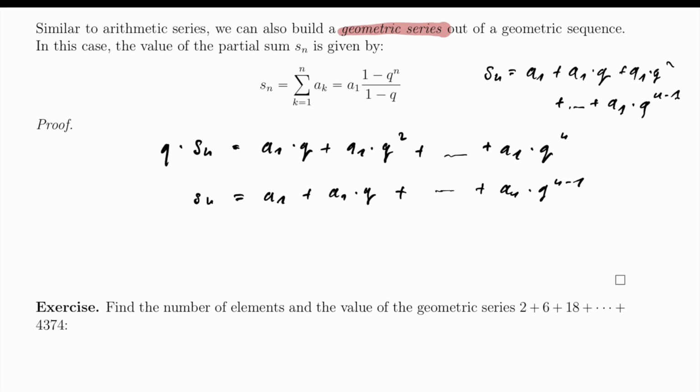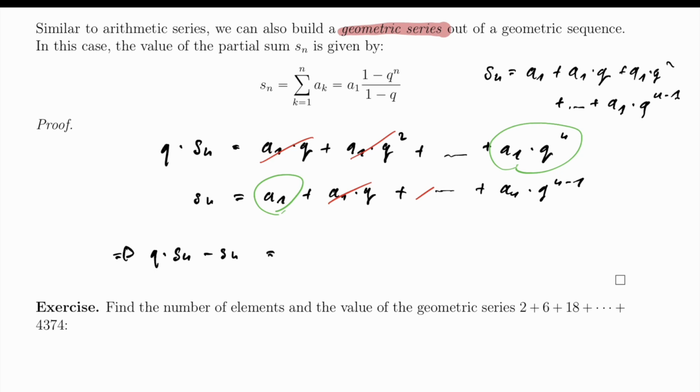And then what you do is you subtract, basically q times Sn minus Sn, and then you see a lot of stuff cancels here. So this here cancels, this here cancels as well. Basically everything cancels except for this one here that is left over. I don't have this one here, and this one here is left over as well.